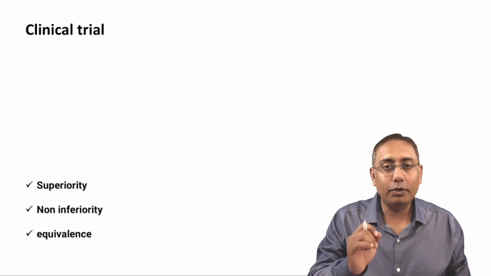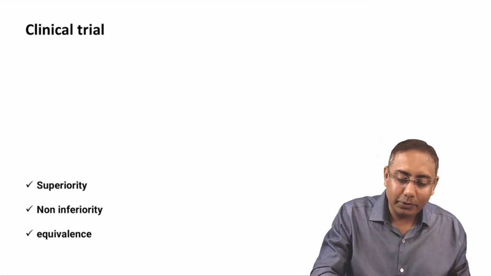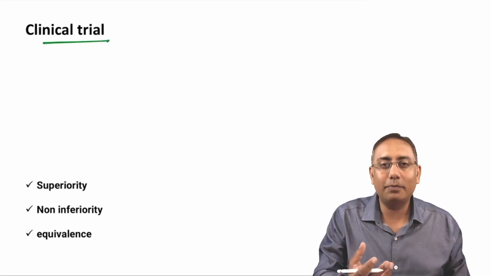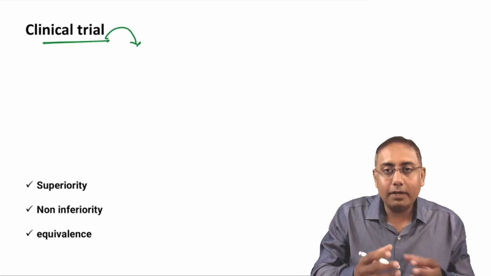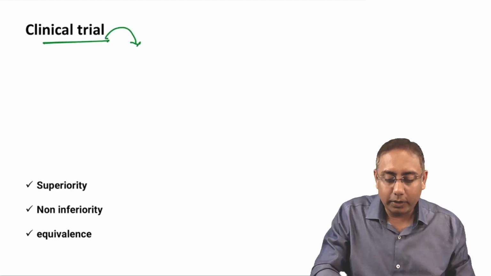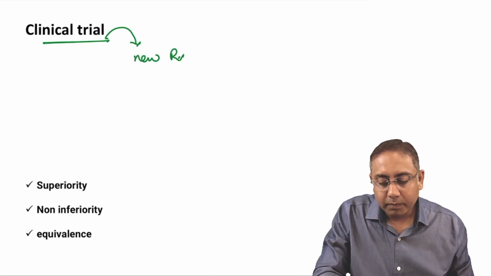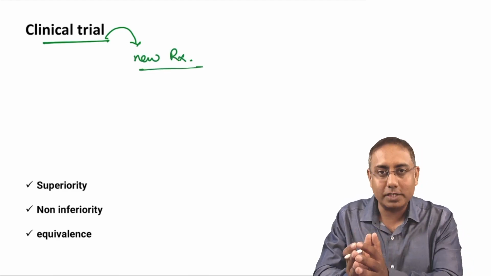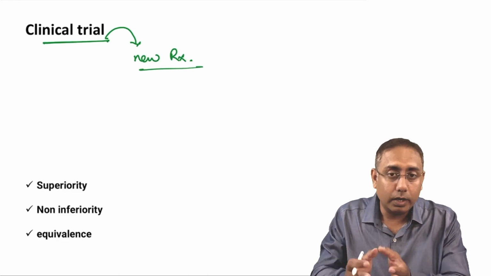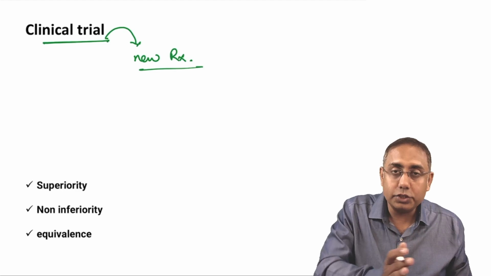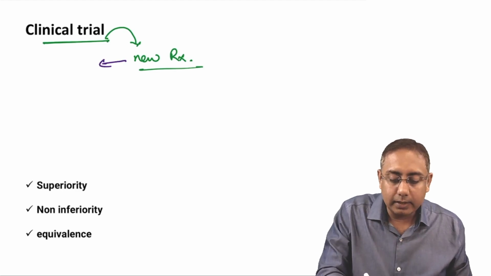First, what do you mean by equivalence? Whenever you're doing a clinical trial, why do you do it? You do a clinical trial because you have recently discovered a new molecule, a new treatment or a new drug, something new. You want to test how this new drug works in comparison to a standard drug.